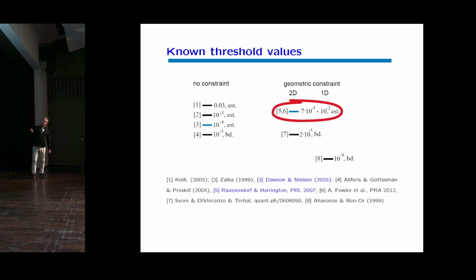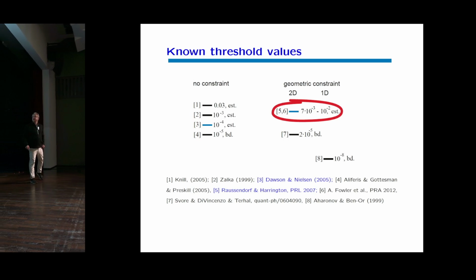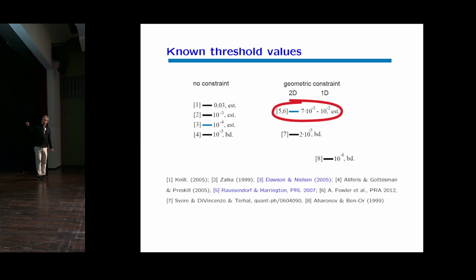The highest threshold was established by Manny-Nil, and that's without any geometric constraints. So every qubit can interact with every other qubit, and there's lots of post-selection in there, and fairly substantial overhead. But I just want to say, these are the two best numbers for error thresholds in the absence of constraints, and in the presence of constraints.